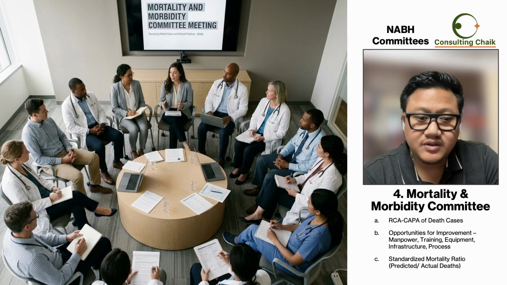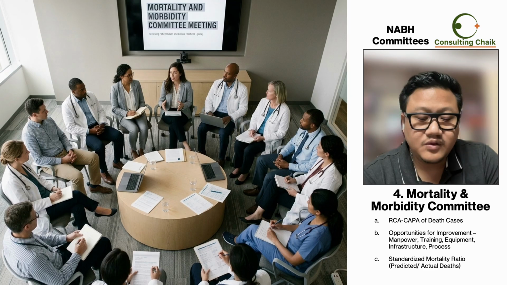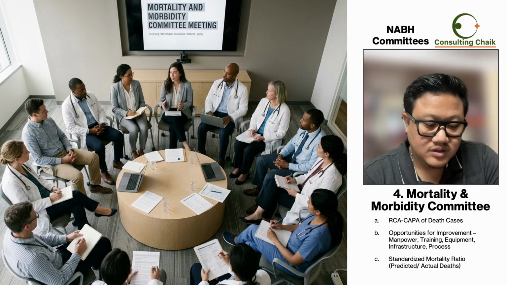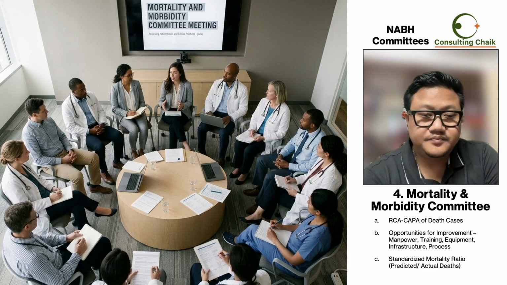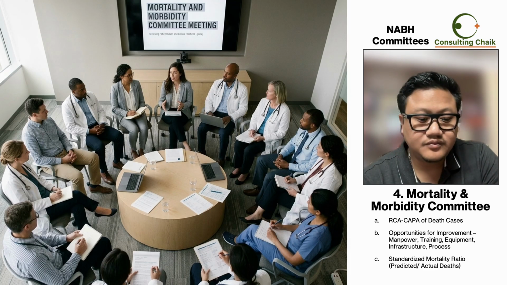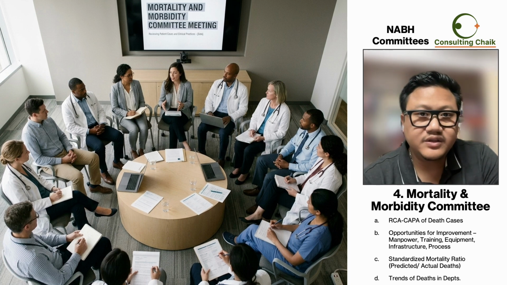And we also discuss the standardized mortality ratio. So this is done in ICU, where you do Apache score, and you score the patients who are coming to the ICU, and you get a number for predicted death. So Apache score is something where many vitals of the patients are taken and a certain score is given.